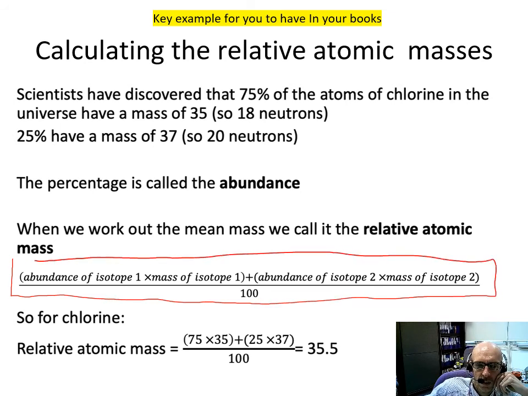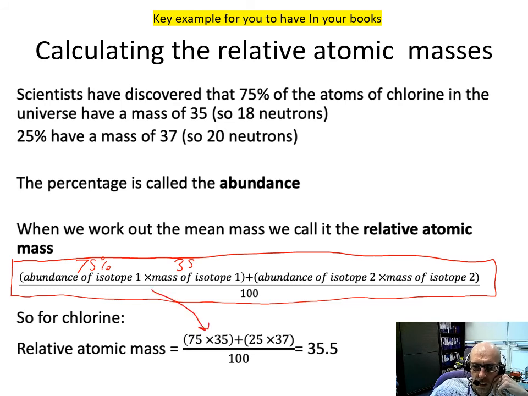So based upon the example we just did, we said there is 75% of, what was it? It was the one with 35. The mass was 35. So you do 75 times 35. There's the sum down here.